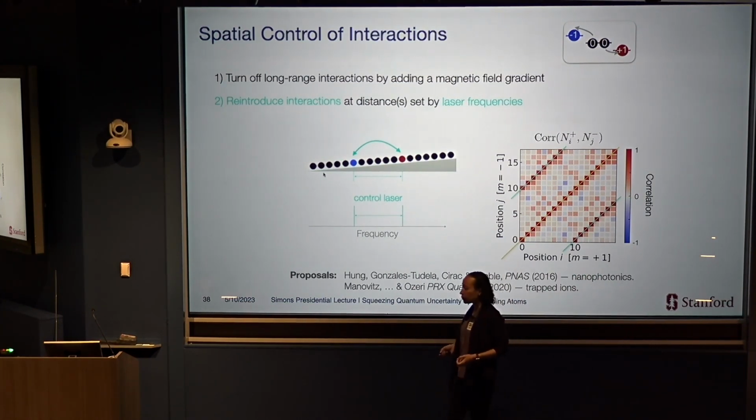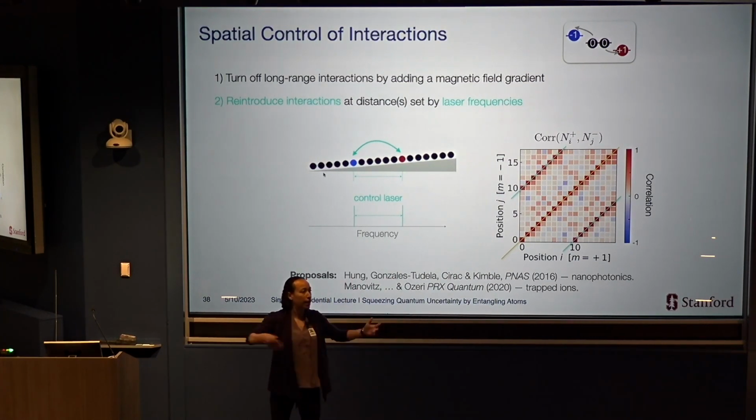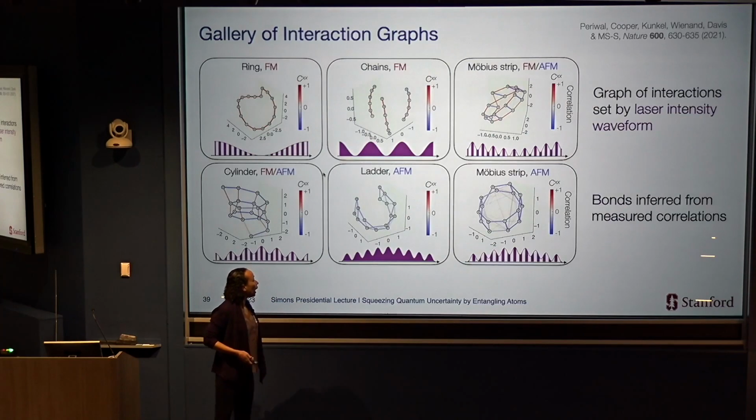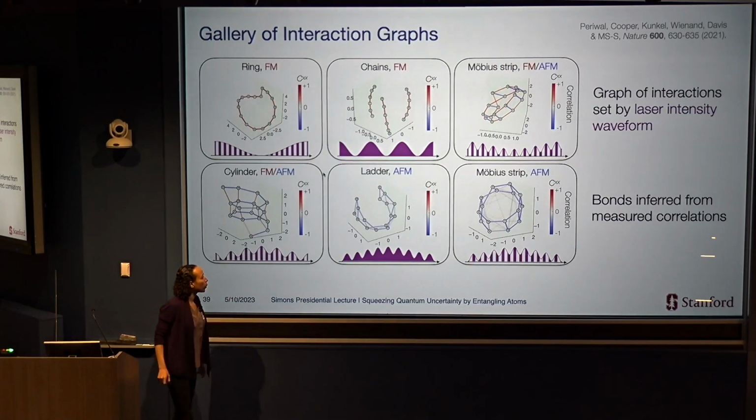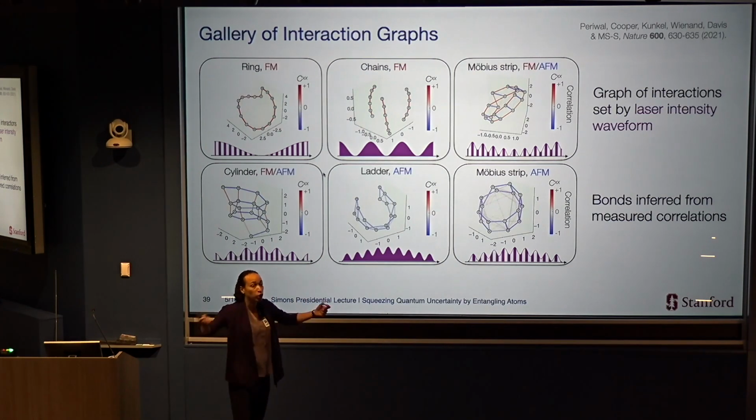And it turns out that it's very easy to modulate the light field and send in any set of frequencies we would like. And by doing that, we can build up a rich array of different structures of interactions.